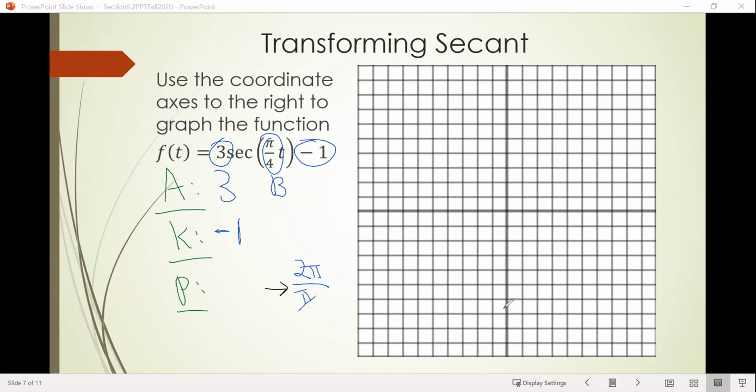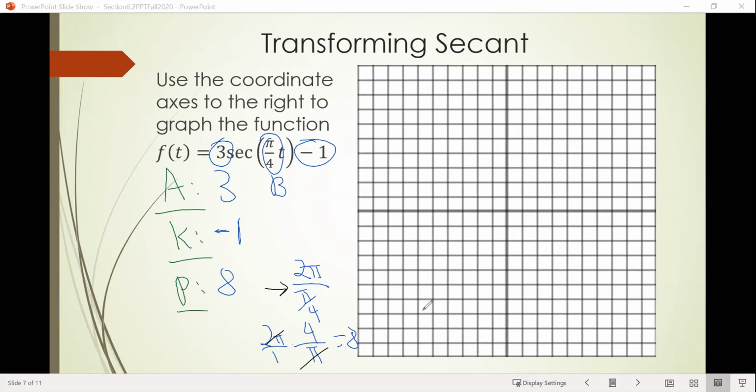So we'd have 2 pi over pi over 4, which if we do some quick algebra here, when we cancel that out, we'll end up with 8 being the period for this function. Okay, so that's going to help us draw our graph of this secant function.